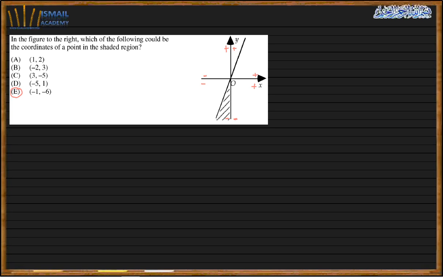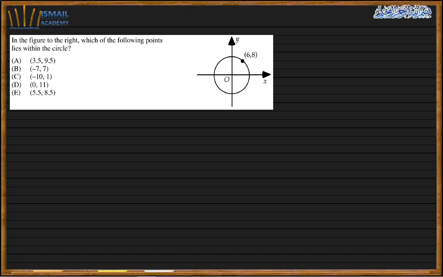In the figure to the right, which of the following points lie within the circle? So within the circle means either on the circle or inside. So first I have to find out what is the radius of the circle.